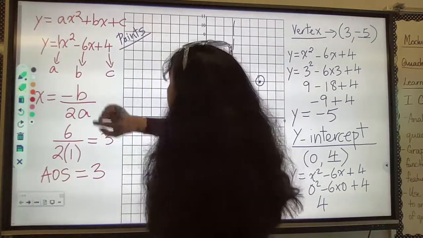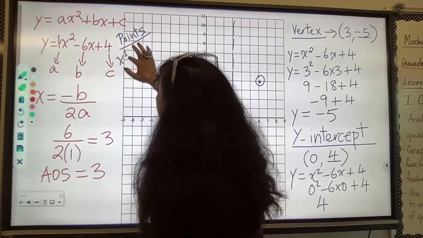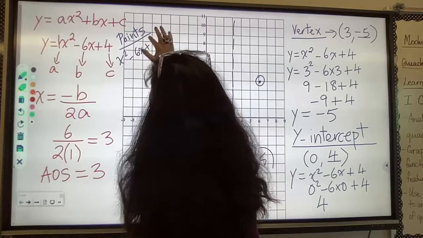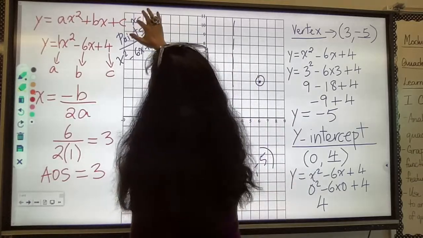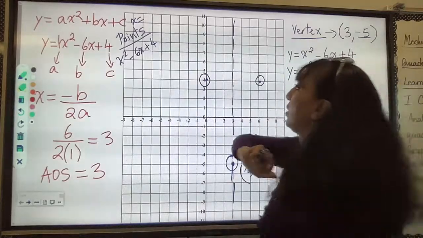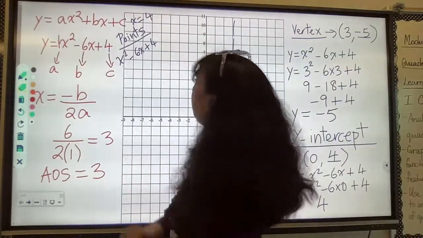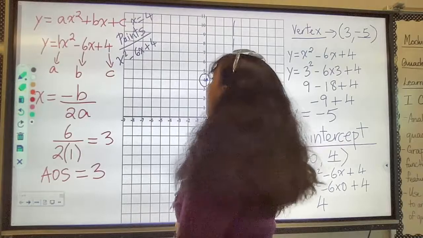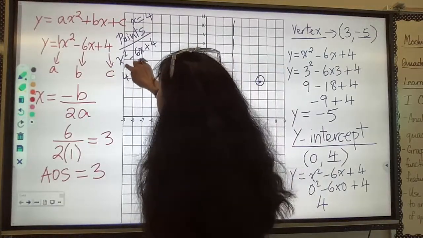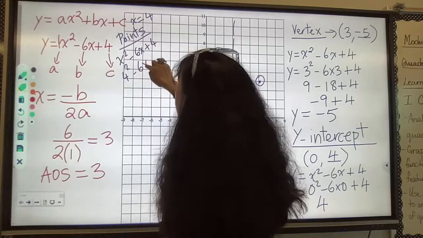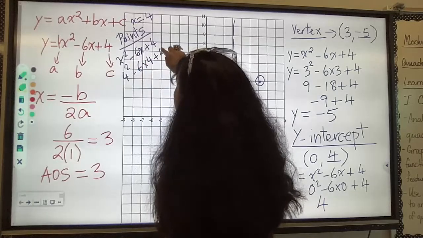I'm going to take the original equation, which is x squared minus 6x plus 4. And let's say I give the value, let x be equal to 4. Okay, and if x is equal to 4, I have 4 squared minus 6 times 4 plus 4.